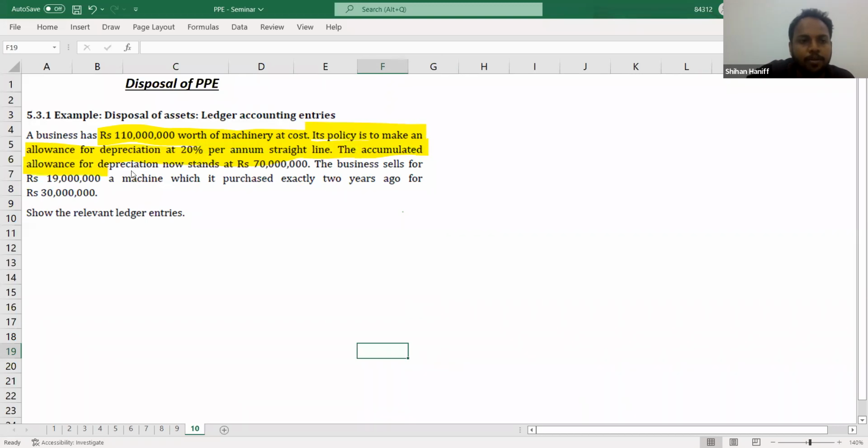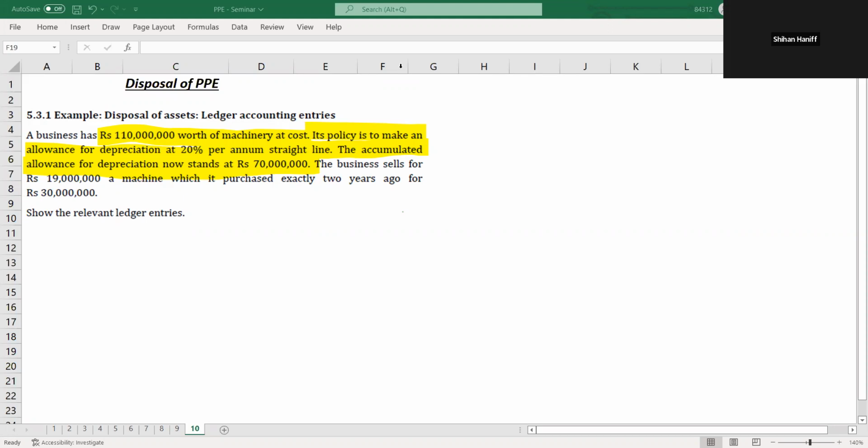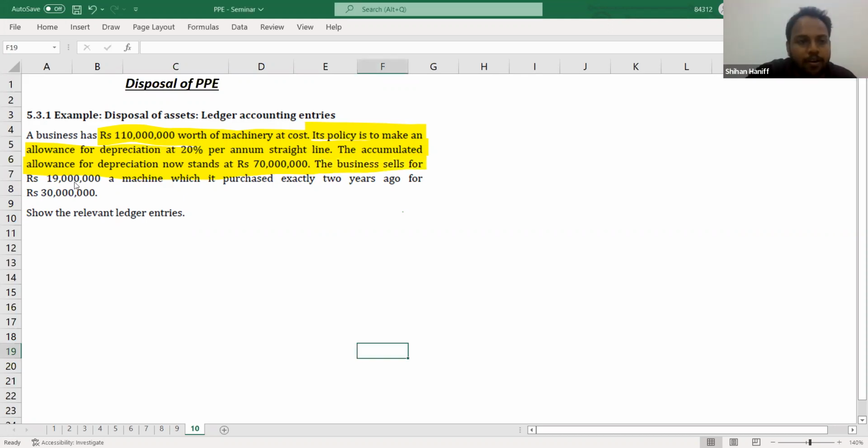The accumulated allowance for depreciation now stands at 70 million. The business sells for 19 million a machine which it purchased exactly 2 years ago for 30 million. Show the relevant ledger entries.